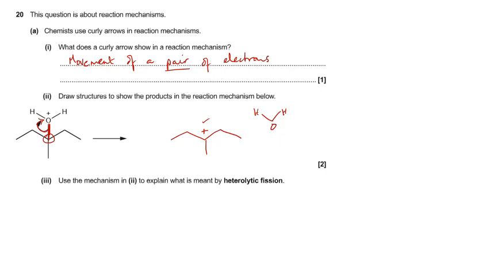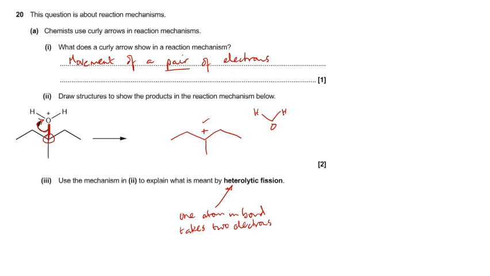And in part 3, we want to explain what is meant by heterolytic fission. Okay, so heterolytic means one atom in the bond takes both electrons, or 2 electrons. Possibly both would be a better word than 2.